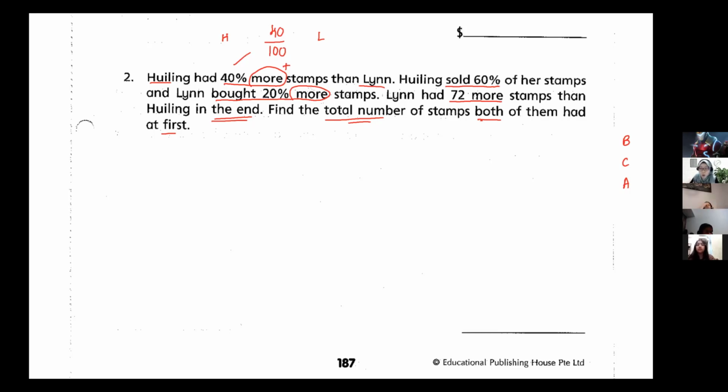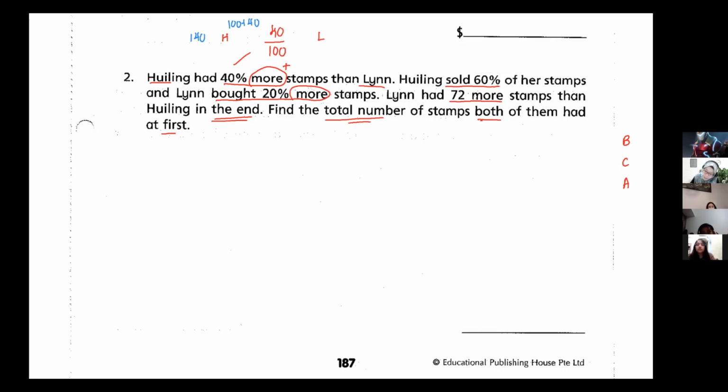Then Hui Ling only has 40 and Lin has 100, but they say that Hui Ling got more, and 40 is not more than 100. What must I do? This is a comparison between two, so for Hui Ling you take 100 plus 40. So Hui Ling is 140.